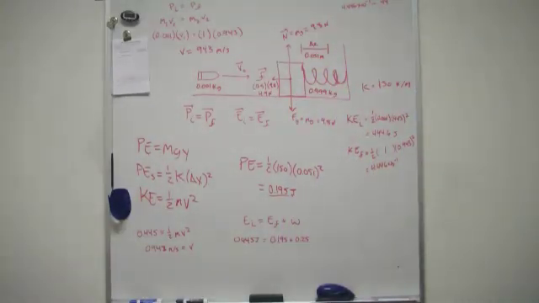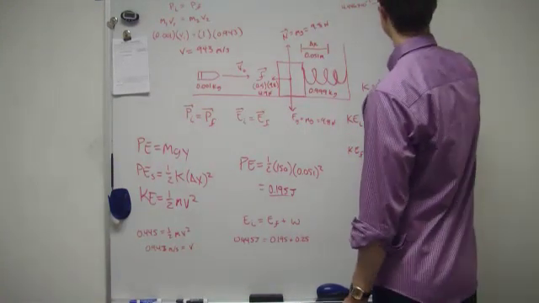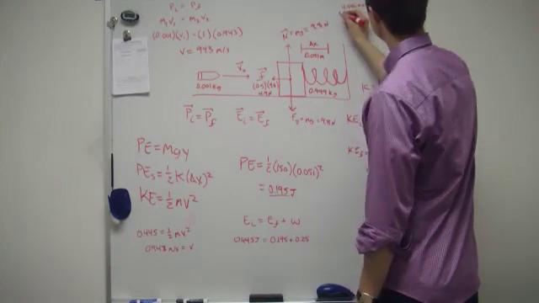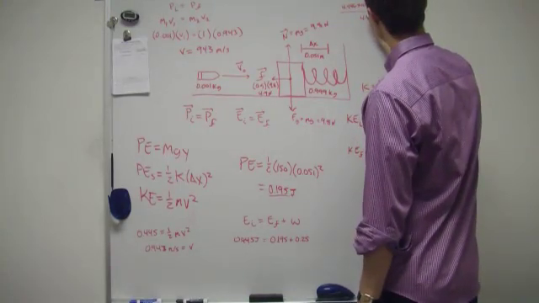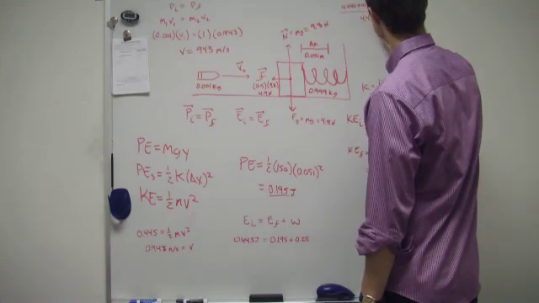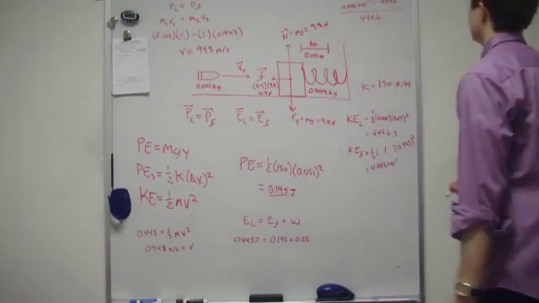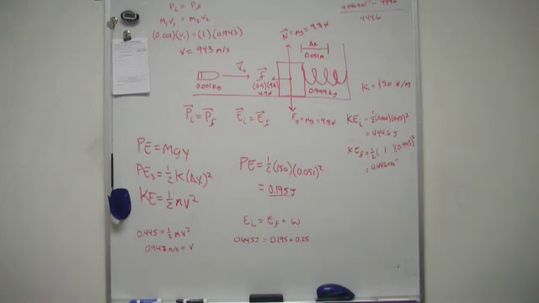Well, change is... Oh, minus, okay. Final minus initial and then divided by 4.6. That's going to come out to be pretty much like -1. Yeah. That seems weird.